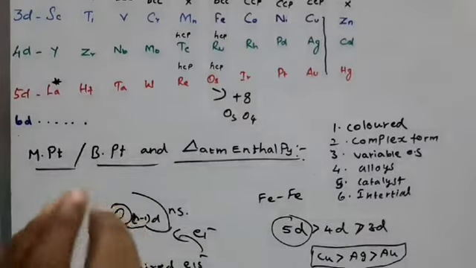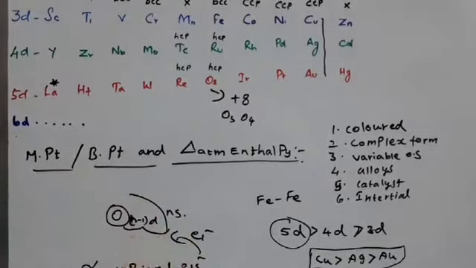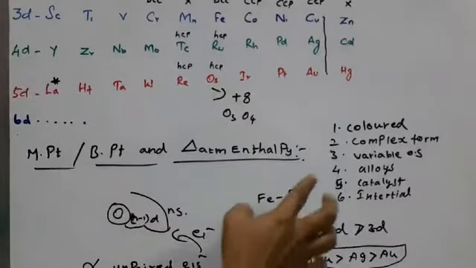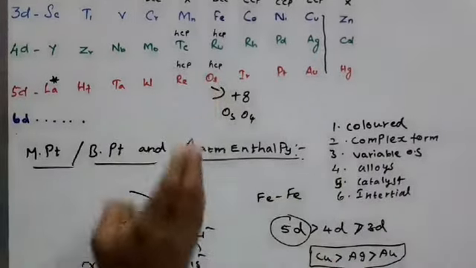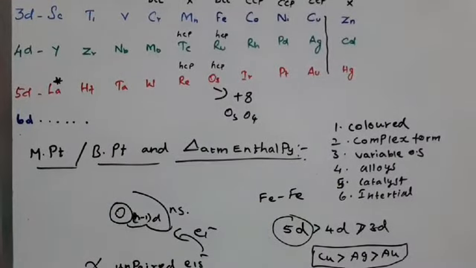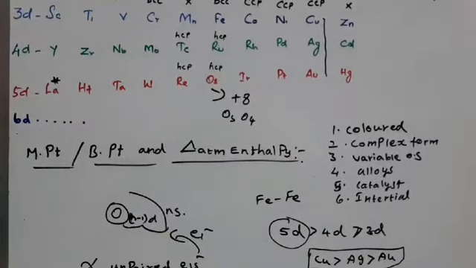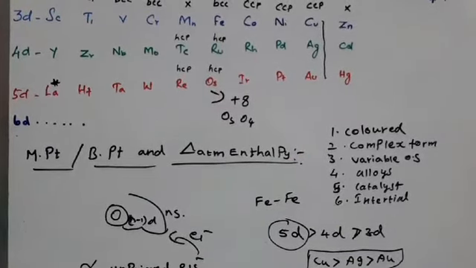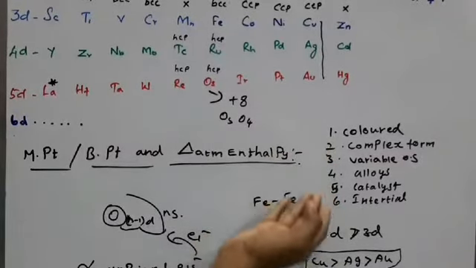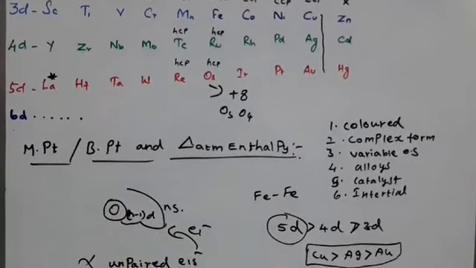So the reasons are smaller size and partially filled (n-1)d orbitals, so that it forms alloys. Catalyst I already taught, and interstitial compounds also. These are the special characters of why we need to study these transition elements, because of these many unique characters, we are studying this transition element series.